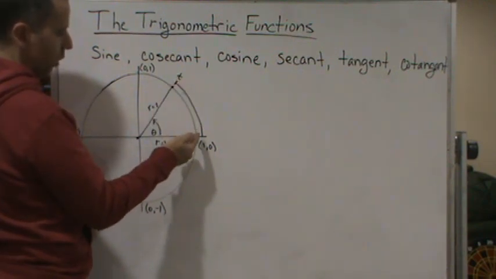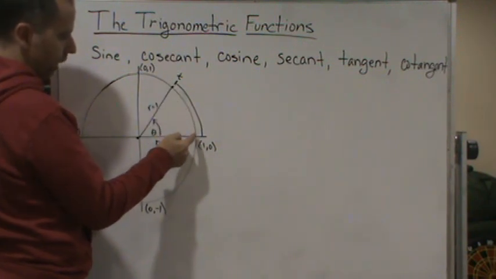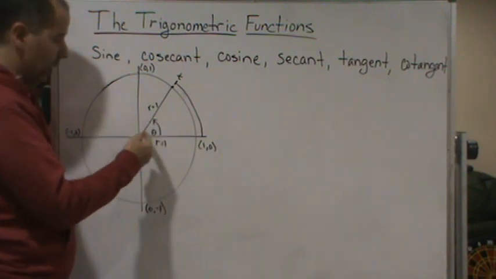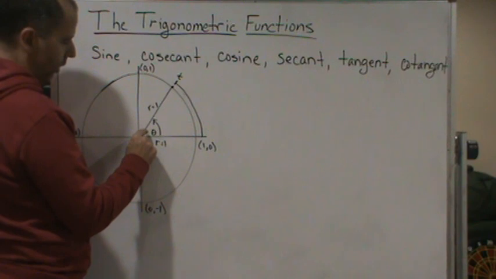So t will always represent the arc length starting with the standard angle.